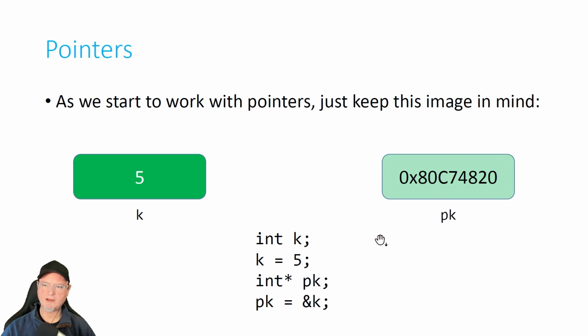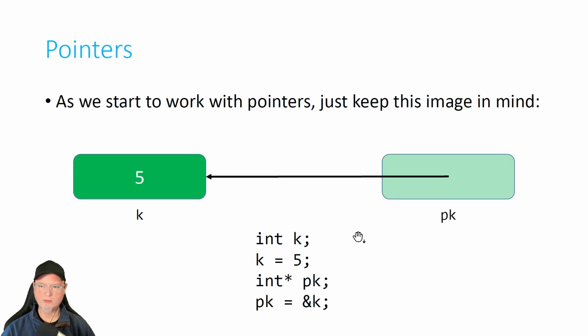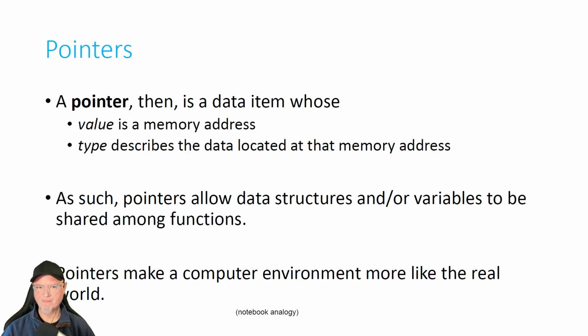We've got some big number here. That's the address of k that is currently taking on the value of 5. Okay, so what we do now is we just envision this connection between the pointer and the space that we've set aside for k currently taking on the value of 5.